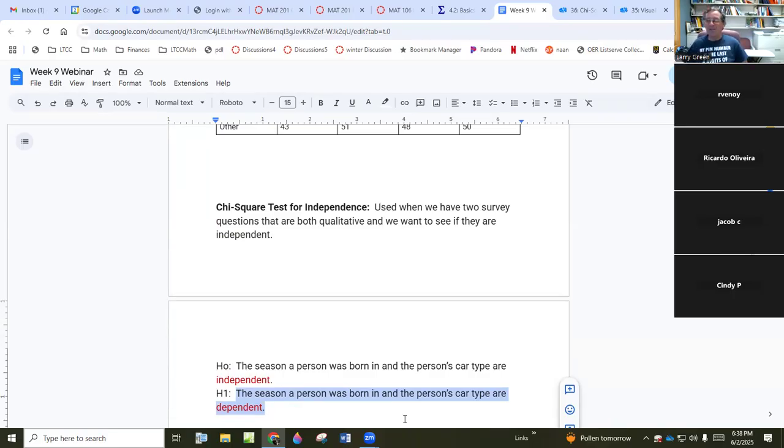Hopefully, you all know why I screamed it. Why did I scream it? Yeah, you must use that word in H naught and H1. You must use the word independent in H naught, and you must use the word dependent in H1, or you're going to lose points. Okay?